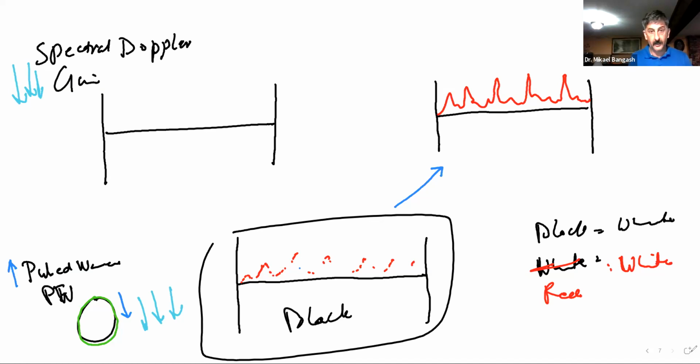So we can say this one here is ideal. You say, well, I have my Doppler shift. That's all I needed.